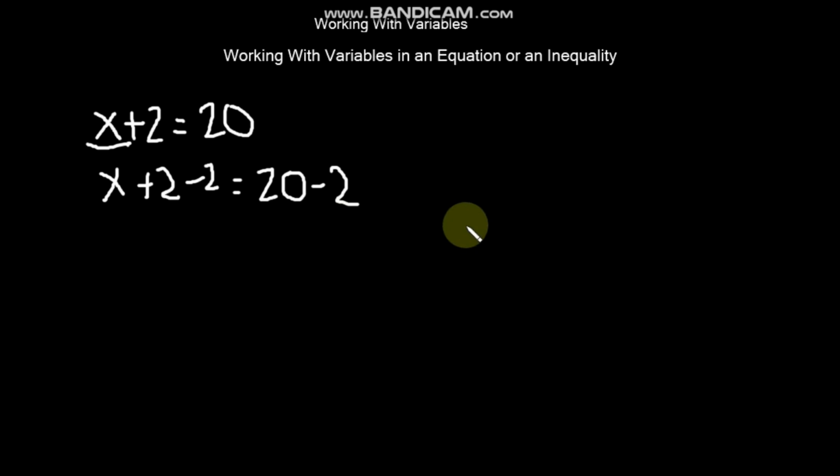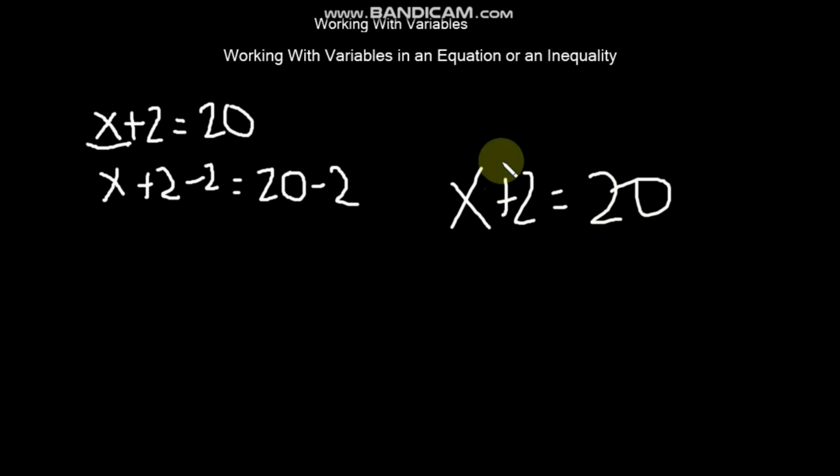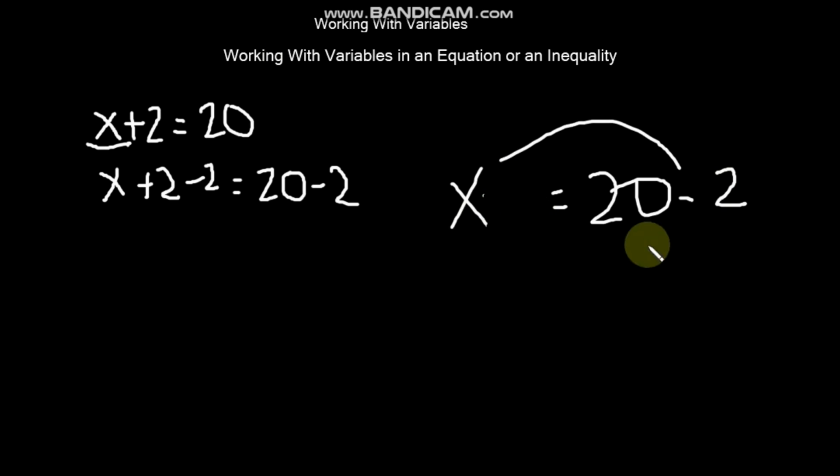But if you don't really want the complexity, you can just move this here, and it loses its positivity, and we cancel it from here, making it x equals 20 minus 2.